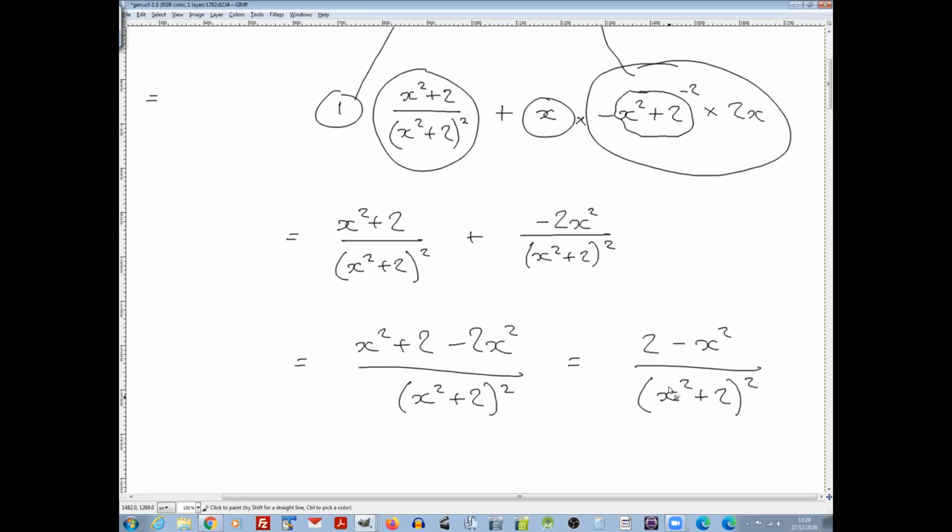I can understand if you were anxious to cancel top and bottom somehow. Could you say root 2 minus x over x squared plus 2? Yes, I see your point. You could rewrite the top as root 2 plus x times root 2 minus x, but you wouldn't get the cancelling you were hoping for, would you? You could do it as a difference of 2 squares, if you think of 2 as the square of root 2.